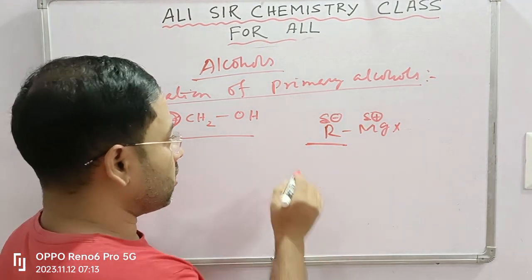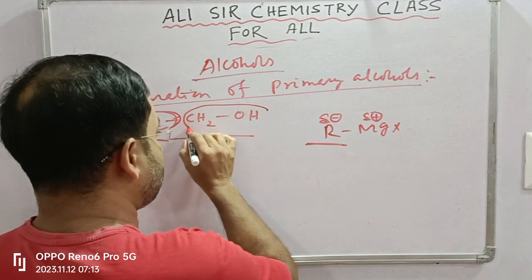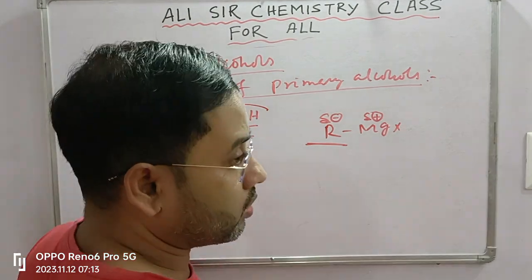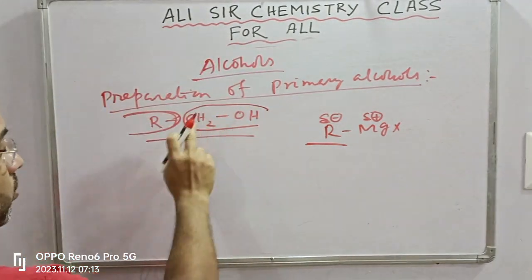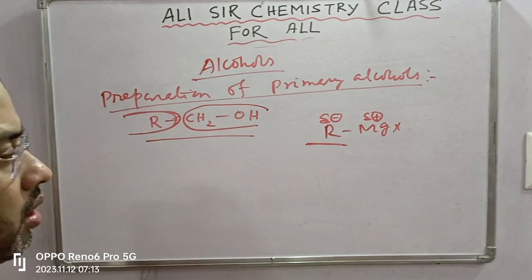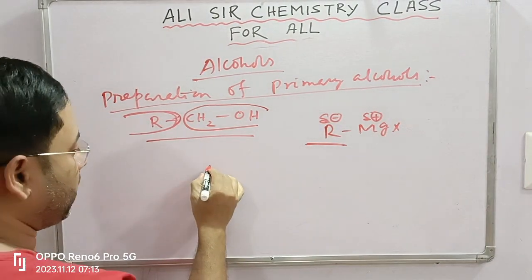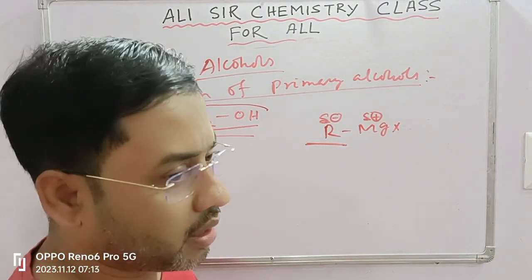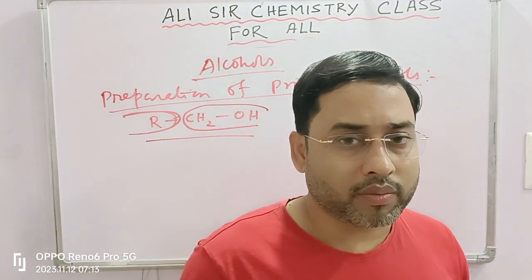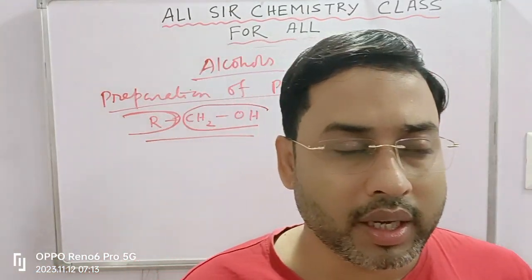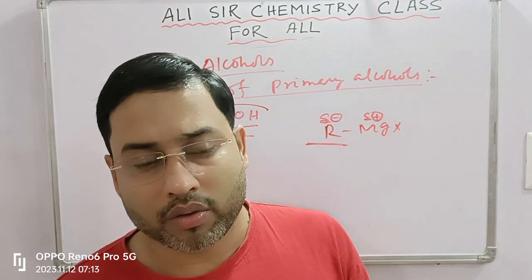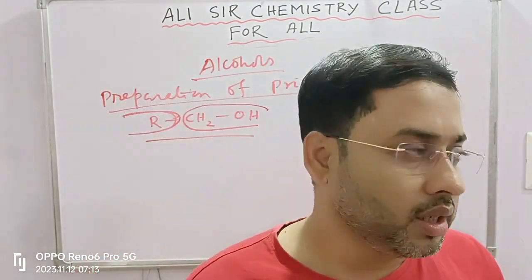And this CH2OH group, we have to add this CH2OH group. So the source of this CH2OH group is the aldehyde, the formaldehyde. Only formaldehyde, because if you take another aldehyde except formaldehyde, it will transform into secondary alcohols.